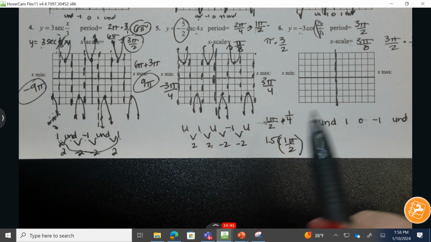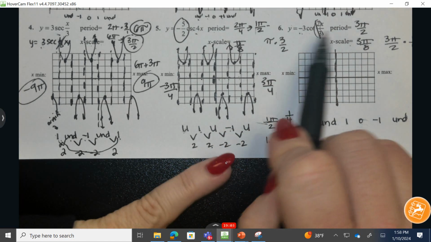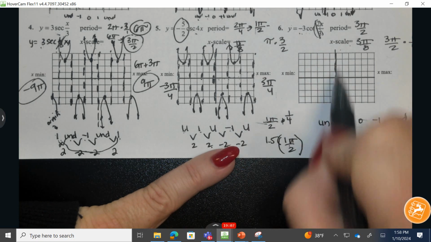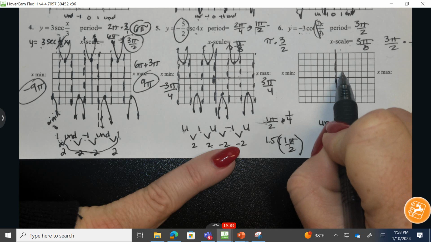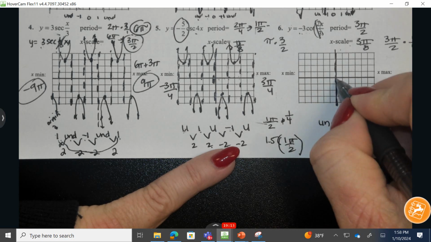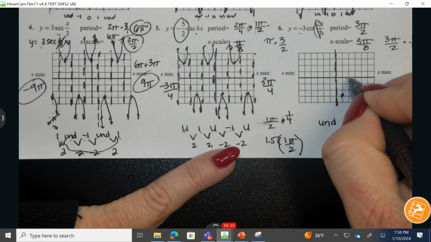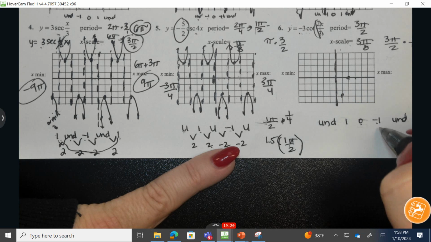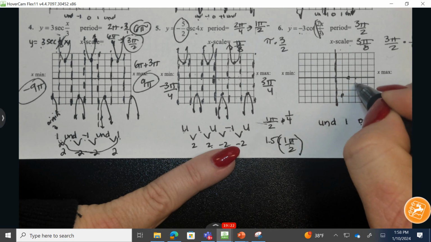Now let's multiply the amplitude times the output of the cotangent. All right, here we go. So it's undefined. Now I would normally go over 1 because it's the first step, and up 1. 1 times negative 3 is negative 3. Would normally go in my second step over and stay at 0. 0 times negative 3, still 0. Over to my third step, 1, 2, 3, would normally go down 1.